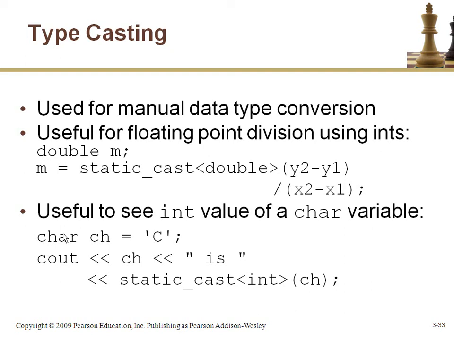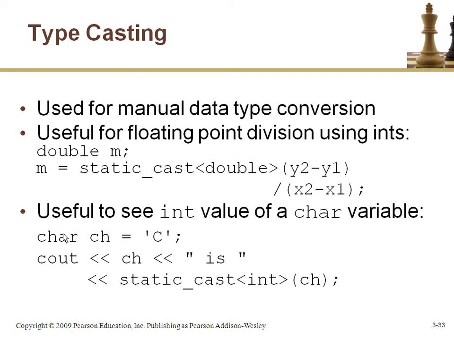For example, we have a variable m of type double, and we are calculating the slope of a line with the expression (y2 minus y1) divided by (x2 minus x1), x and y both being integers.